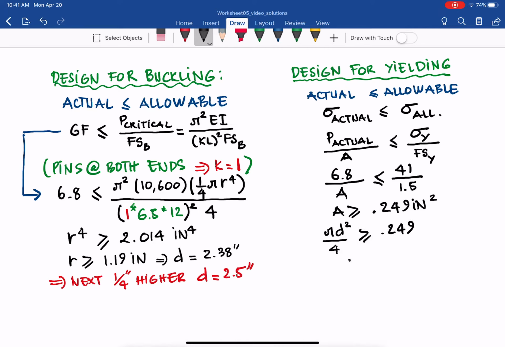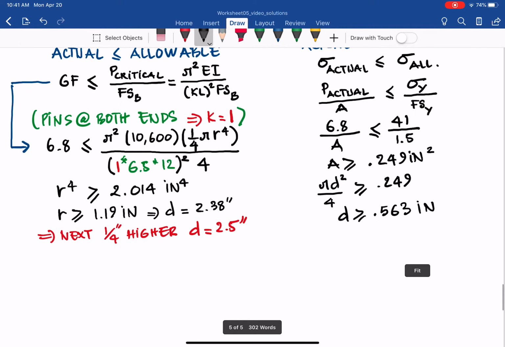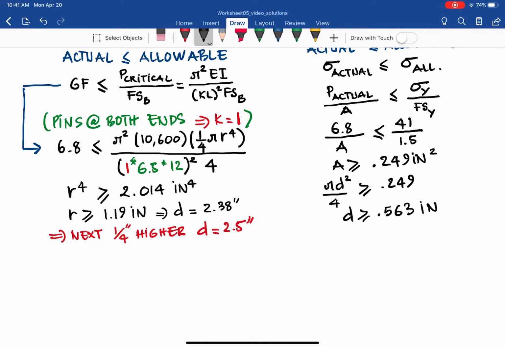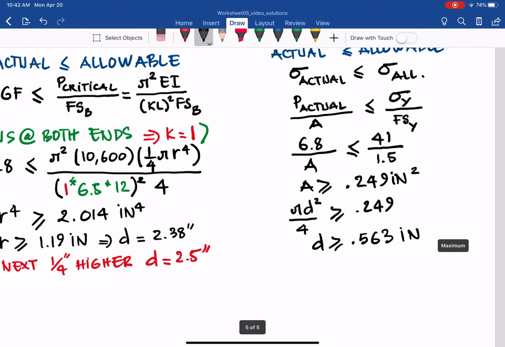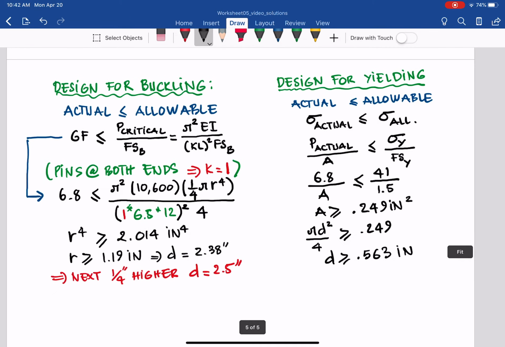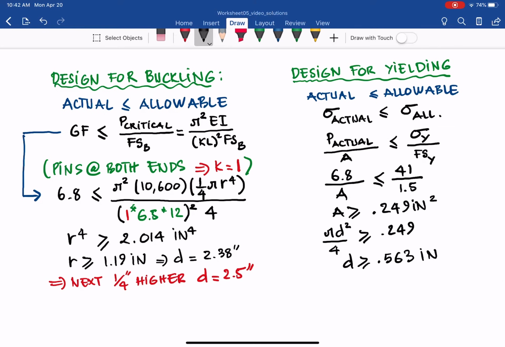So from that we have d greater than 0.563 inch. And let's compare to buckling. We design for buckling, D at least 2.38 inch with 1/4 inch increment, so we choose D equal to 2.5. Now the design for yielding, D is at least 0.563.